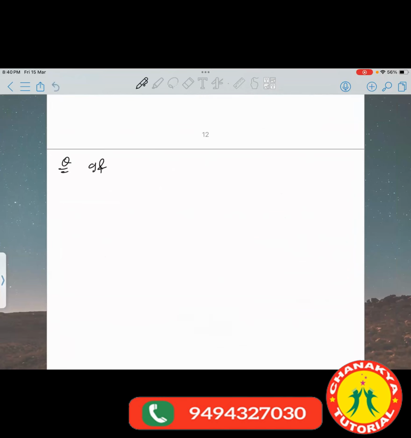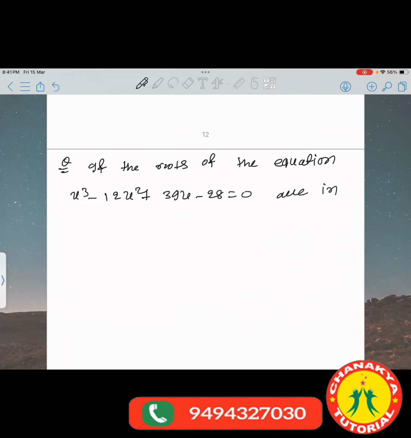If the roots of the equation x cube minus 12x square plus 39x minus 28 equal to 0 are in AP, then their common difference will be.